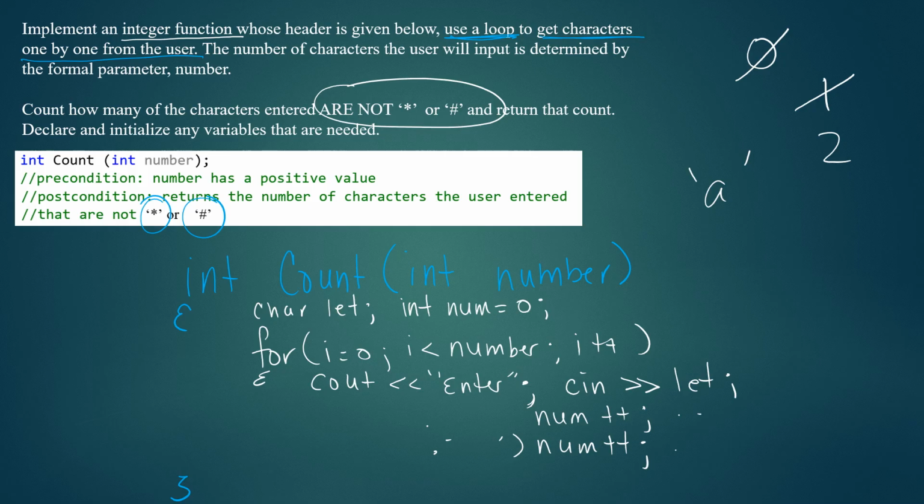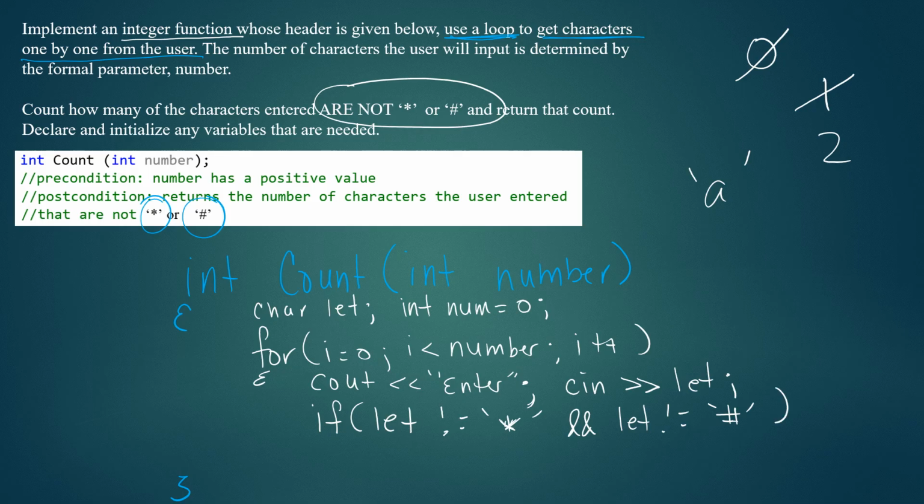Sometimes you have to try things and think about it first and test it and go through it. And that's kind of how I grade. I grade by double checking and trying to find some counter solution or something that's going to make it not work right. Sometimes I can't find it. Sometimes you have to test it. So I think it would be better to say if let does not equal asterisk and let does not equal hashtag, right?